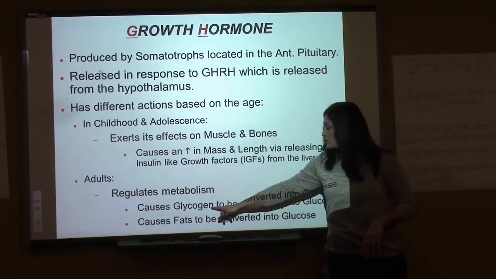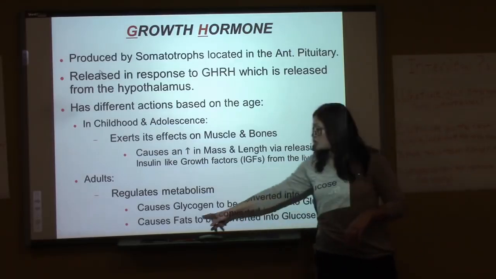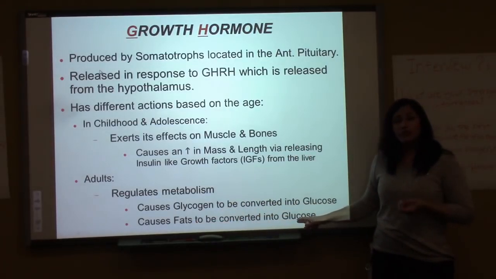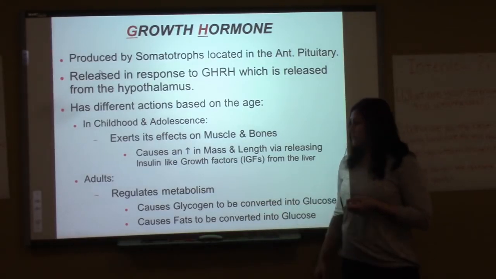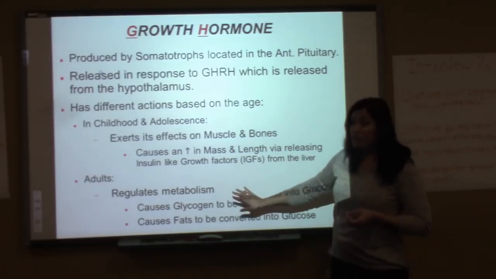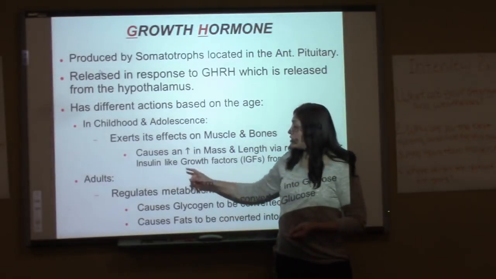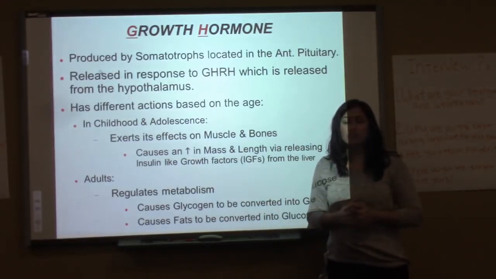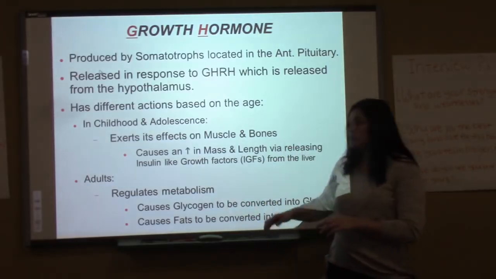So it causes glycogen to turn into glucose, which is glycogenolysis. It causes your fats to be converted into glucose, which is gluconeogenesis. So it's to maintain your glucose levels. Another thing I forgot to write down: even in adults, growth hormone will cause insulin-like growth factors to be released. So insulin-like growth factors are released in adults as well as adolescents and children.